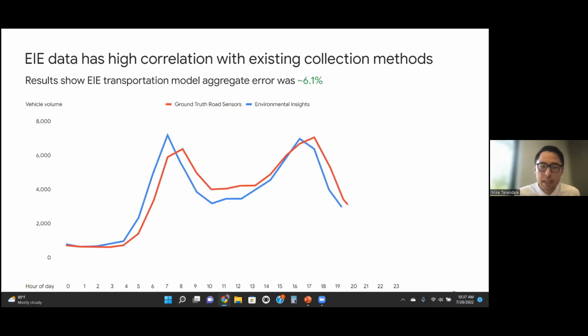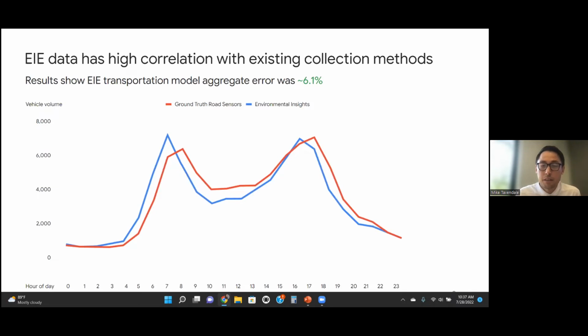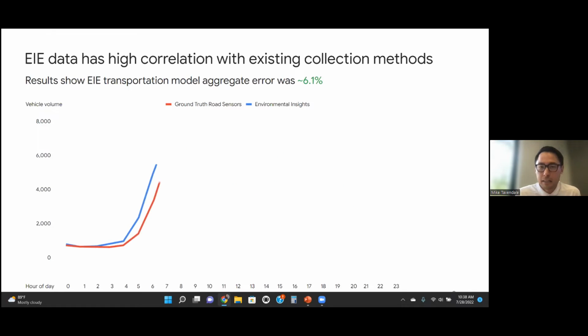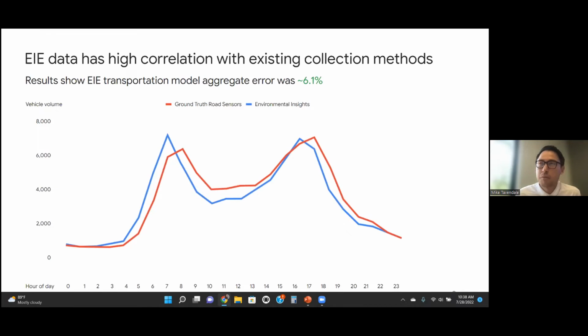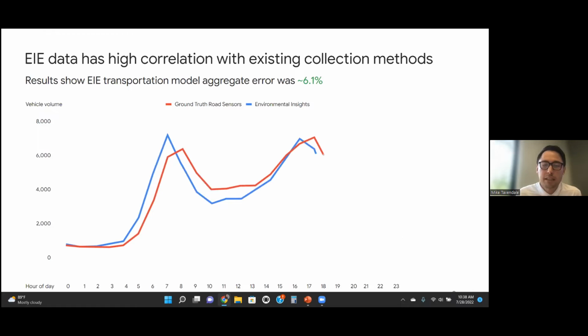And so what you see here, in terms of data quality, is that we've worked with partners in cities to validate EIE, and in this case transportation data, with ground truth data. The graph here shows a transportation study that we did in Boulder, Colorado, which involved a sample size of around 76,000 vehicles that passed 4 intersections over a 3-day period.